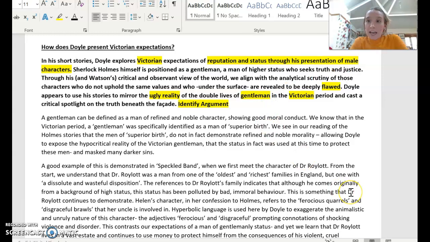That's what I'm saying. I'm telling my examiner, well, I'm going to talk about Victorian expectations specifically of gentlemen and I'm going to show how flawed and ugly these gentlemen really are beneath their masks of respectability. That's my focus for my essay.